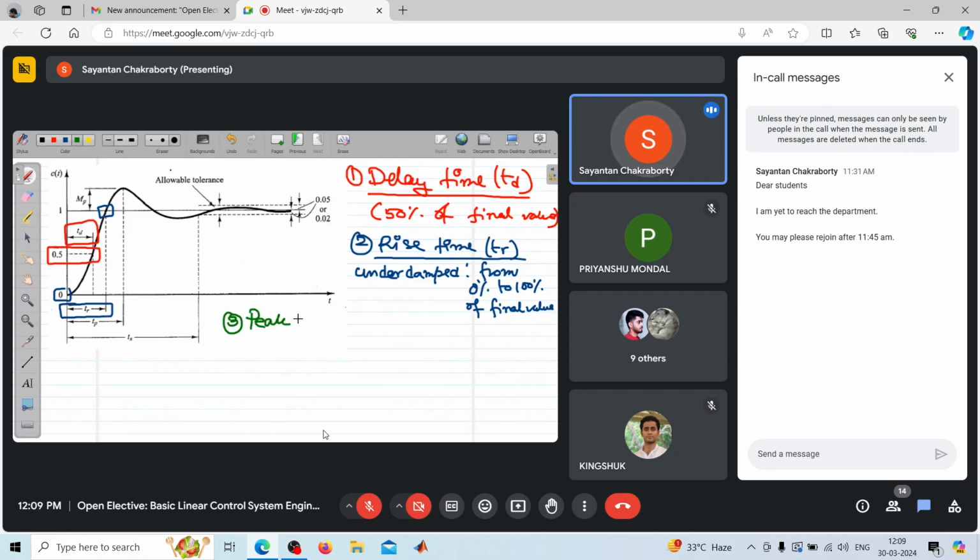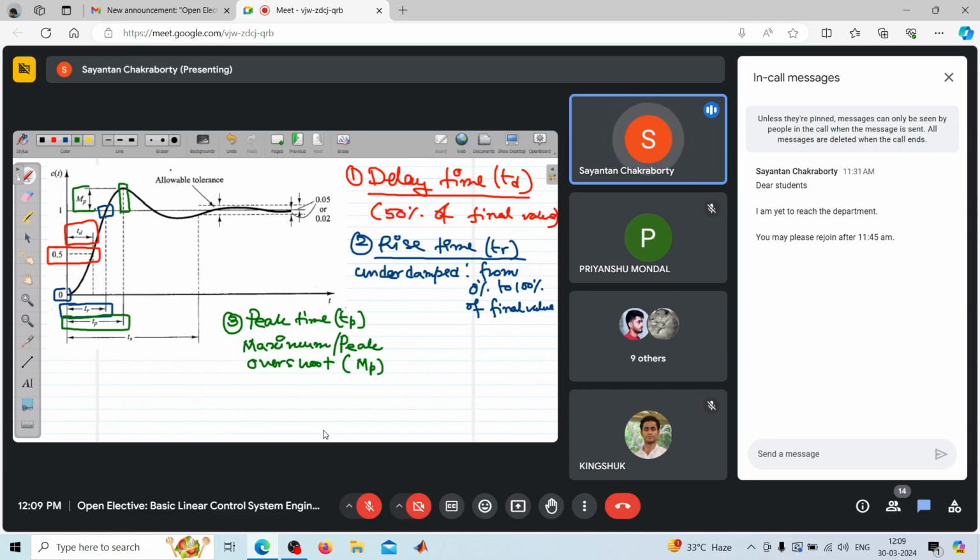So the first peak will be the maximum peak, and you can say maximum or peak overshoot, MP. So this first peak will be the maximum peak, and the corresponding time is called the peak time.